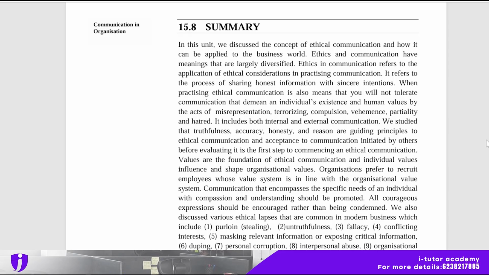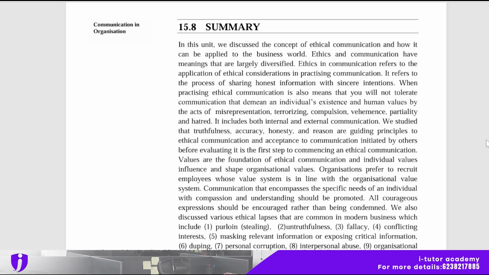It refers to the process of sharing honest information with sincere intentions. Practicing ethical communication also means that you will not tolerate communication that demeans an individual's existence and human value through acts of disrespect, misrepresentation, terrorizing, compulsion, and vehemence.